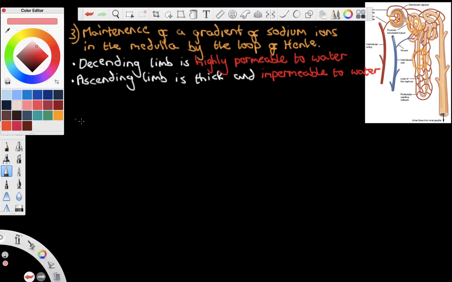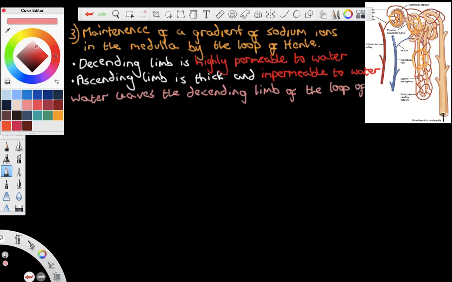So we can say water leaves the descending limb of the loop of Henle and more sodium ions enter the loop of Henle.